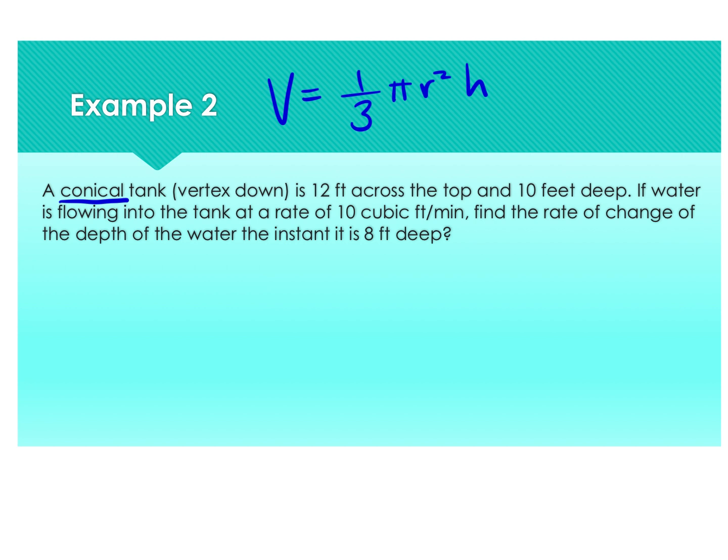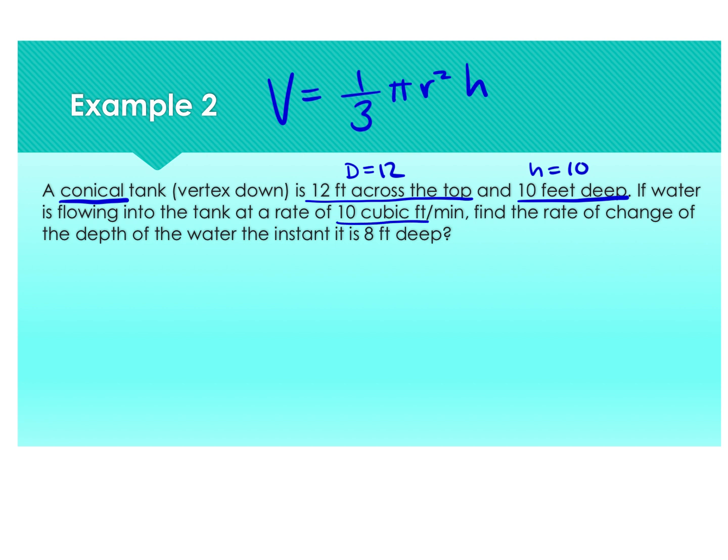The shape of our cone is 12 feet across the top, so this would actually be our diameter, and 10 feet deep would be the height. If water is flowing into the tank at a rate of 10 cubic feet per minute, find the rate of change in the depth of the water the instant it is 8 feet deep.